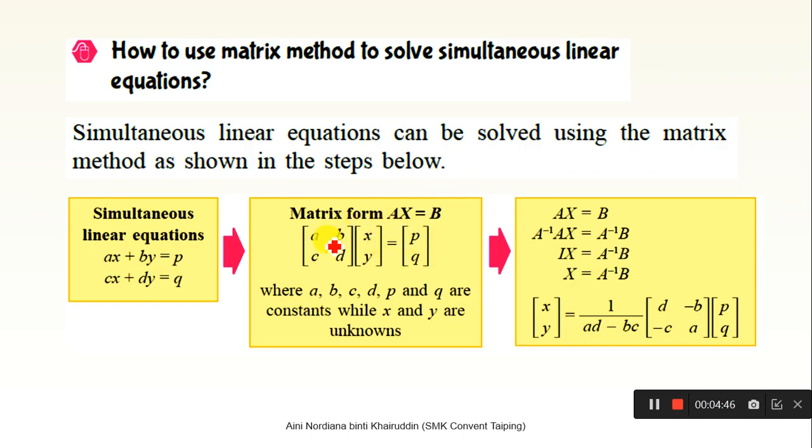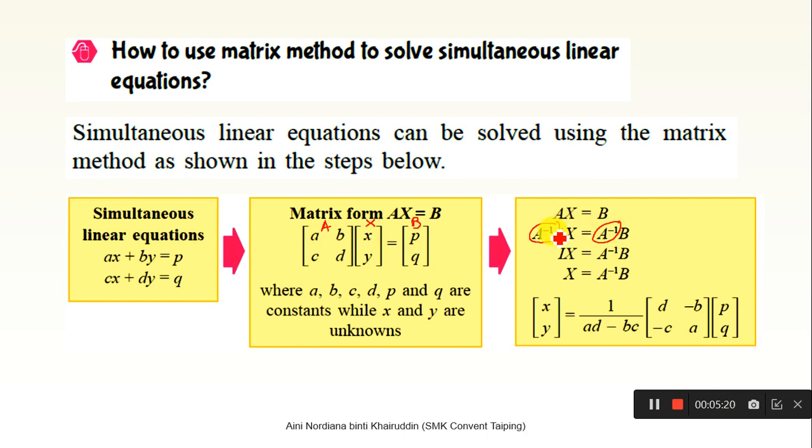Remember just now? A, B, C, D, then x, y, the unknowns. So this is actually A, this is X, and this is B. So A times X is equal to B. When we multiply both sides with inverse A, have a look at this.